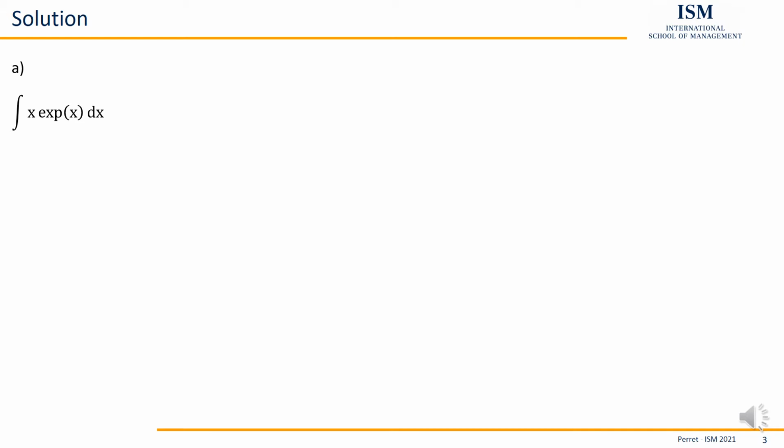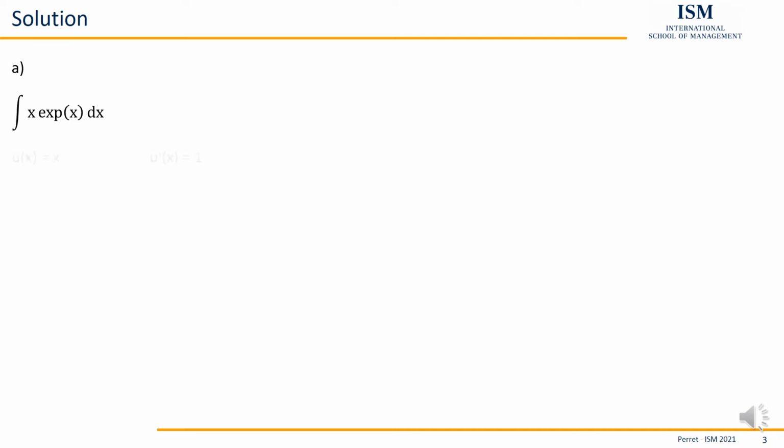So if we take a look here, what we can see is that the x can easily be derived, giving us 1. On the other hand, the exponential function can easily be either derived or we can calculate its primitive, because in either case it remains the exponential function.